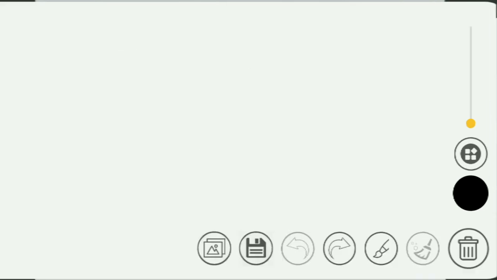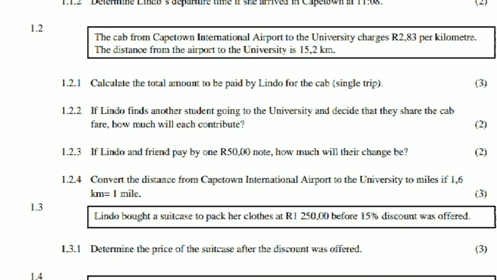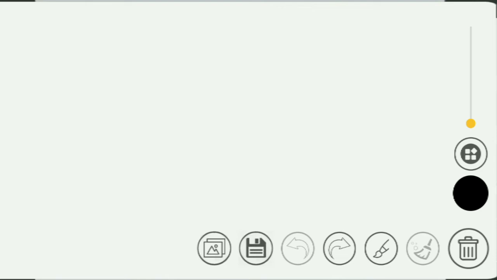Now another question. Question 1.2.3 says, if Lindo and her friend pay with a 50 rand note, how much change will they get? So they both contribute 25 rand, which equals 50 rand, so they pay as one. We're trying to check how much they will get back, which is the change.